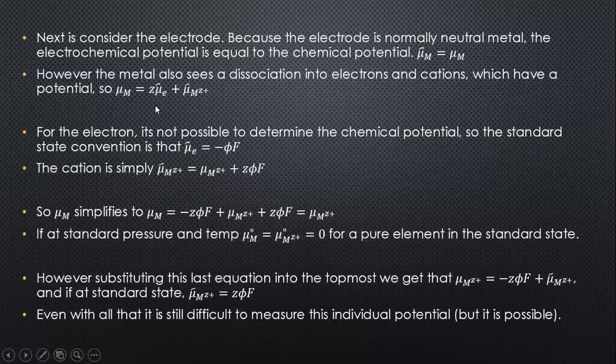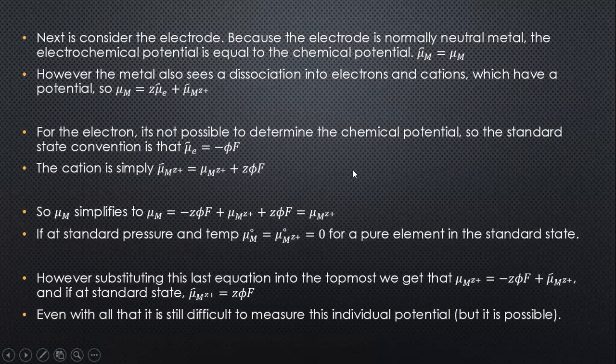Now, if I put those two together, the chemical potential of the metal becomes phi F plus the chemical potential of the cation plus Z phi F. Those two cancel out, and we say the chemical potential of the metal is just the chemical potential of the cation.